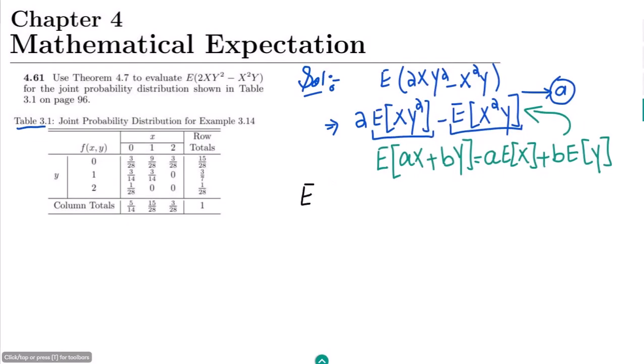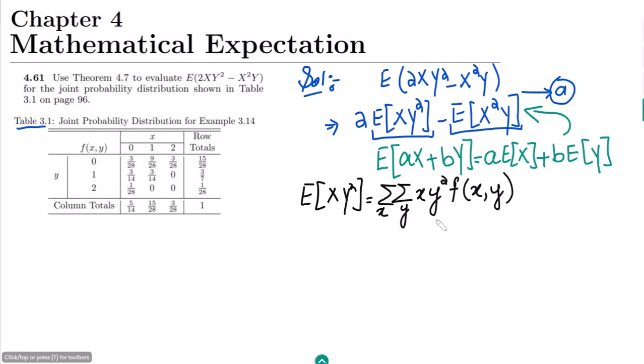Here E of xy square can be found out very easily by x times y square and the relevant f of x and y. Okay, so let me see them here. This is for all the values of x, this is for all the values of y. Okay, so this is the multiplication, and if any one of them is 0, we will get here 0.